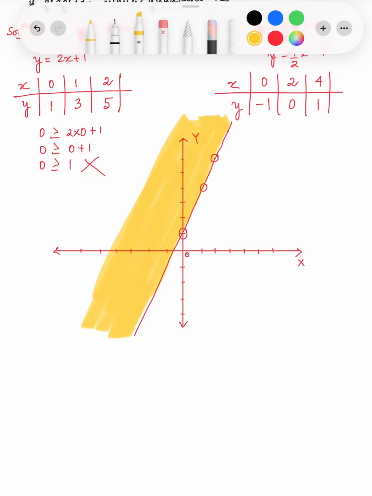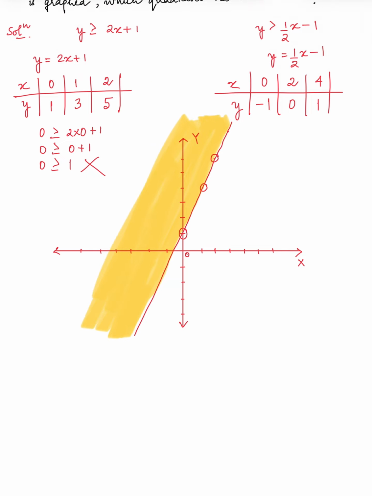Now similarly, let's solve it for the next part. Here it is (0, -1), (2, 0) and (4, 1). This is my second line. Let's draw the line. Again I'll take (0, 0) because it's easier.